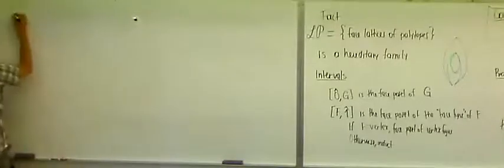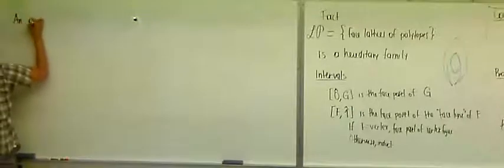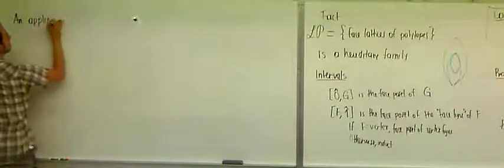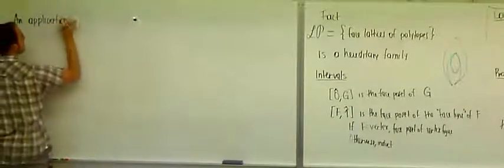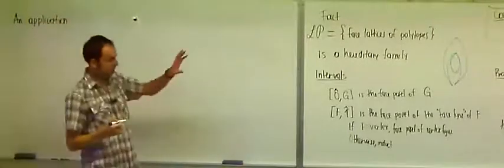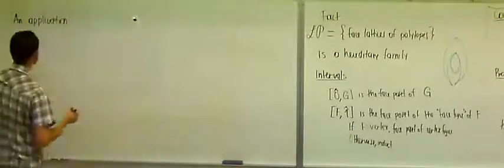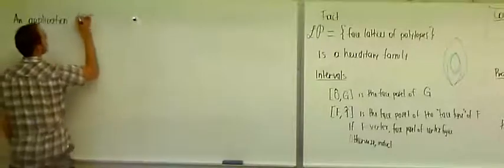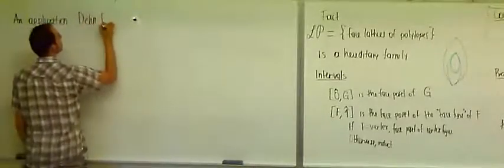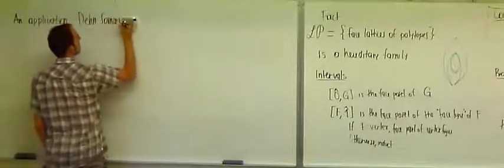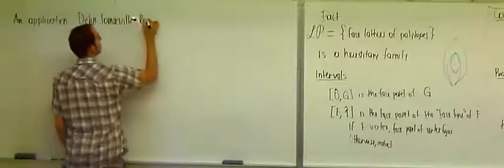So let's discuss an application of this Mobius function. And this is the so-called Dehn-Sommerville relations.